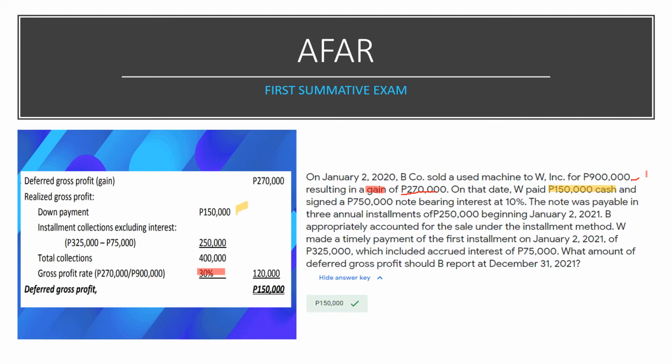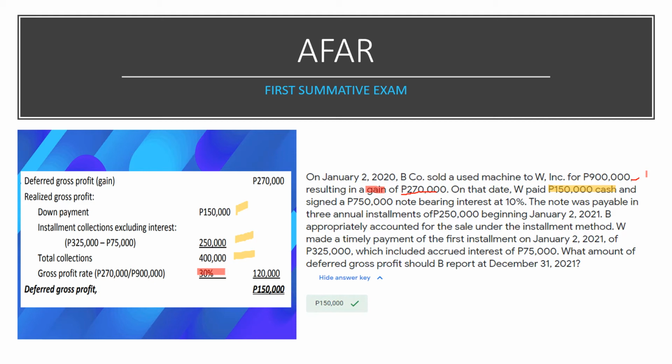And we have the installment collections on the principal, not including the interest. So, may siyang 750 divided by 3 annual installments, so meron siyang 250 annual installments. Nagbayad daw on January 2021 ng 325 including the interest. So, i-exclude lang natin si interest pertaining to the principal. We have 250,000. So, therefore, our total collections is 400,000.